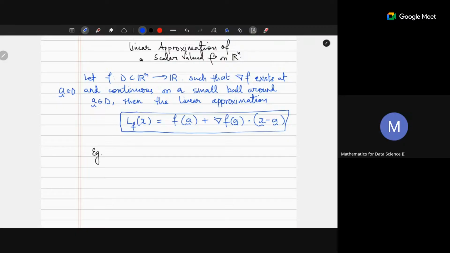For example, let's say you have a function from R3 to R given by f of x, y, z equal to xy plus yz. Find out the linear approximation of f at 1, 1, 0.